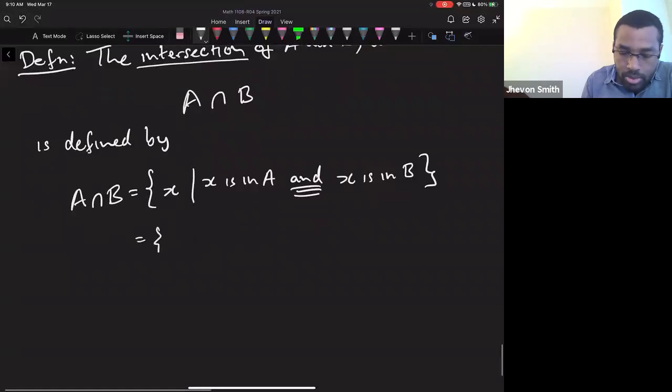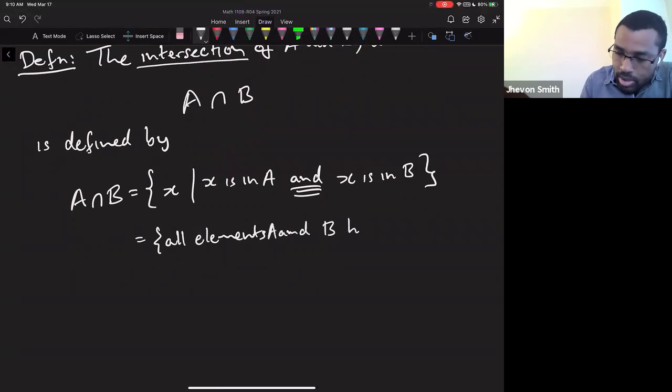So it's the set of all elements A and B have in common.